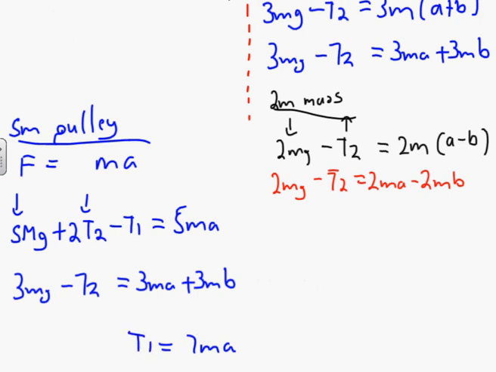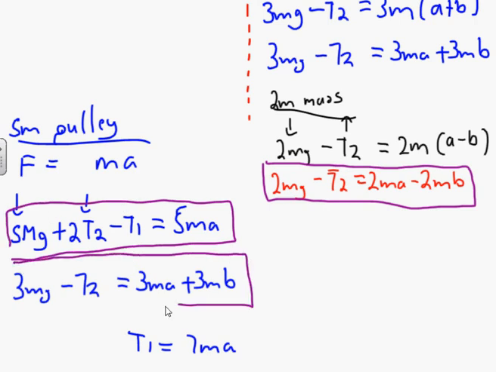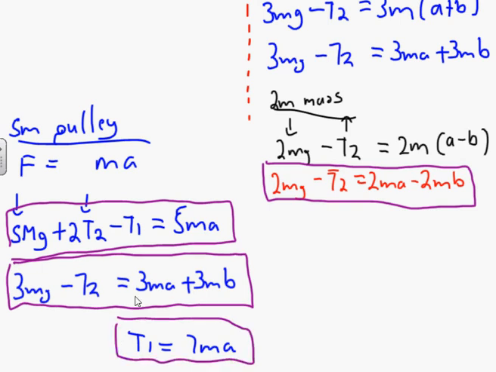So I'm just going to label them. So this is the first formula. It's the 2m one. That appears to be the 5m pulley. This one here is the 3m, and finally this is the 7m. So we have all four equations ready to go.